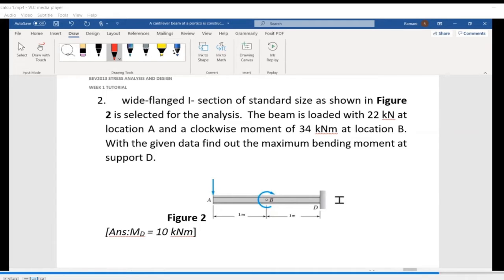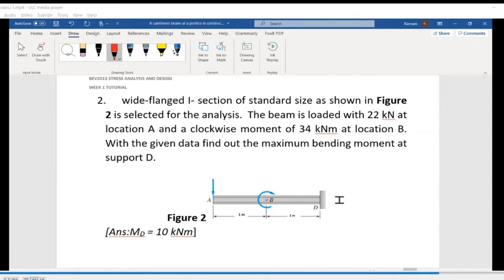Same procedure: draw the free body diagram and then proceed to calculate the reactions for the unknowns. Applying the equilibrium equations, draw a shear diagram and then the bending moment diagram. Can you do it? All of you? Okay. Switch on your camera, please. I want to take a snap. Switch on your camera and do it.